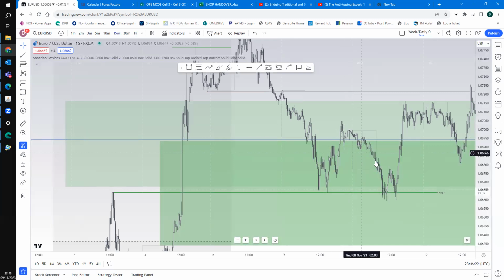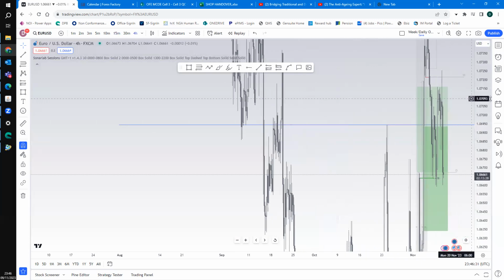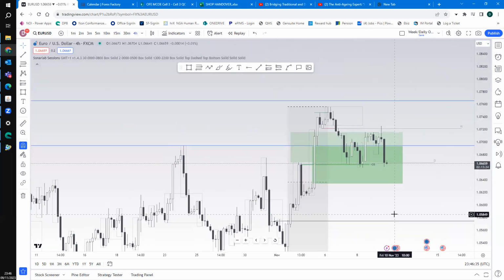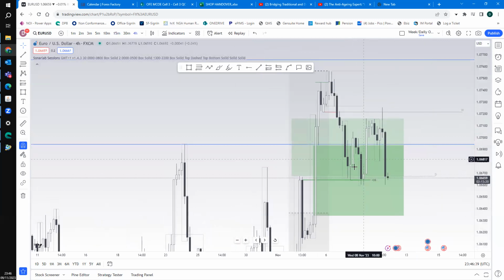And then what happened? We tapped this bullish order block that I put on there on the 4-hour time frame, was it? Yep, 4-hour bullish order block. So in here, what I'm seeing is we came down to this area. So I'm looking at fair value gaps. There's a fair value gap in here.